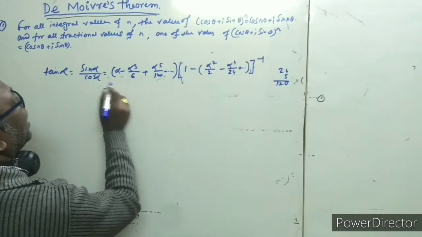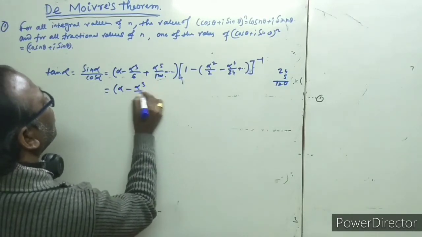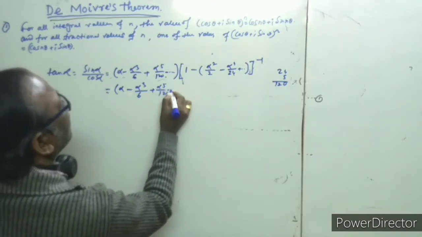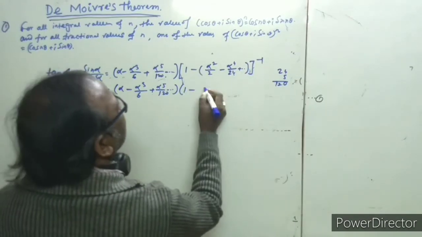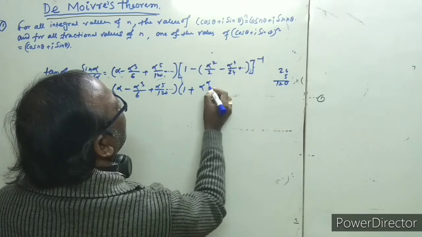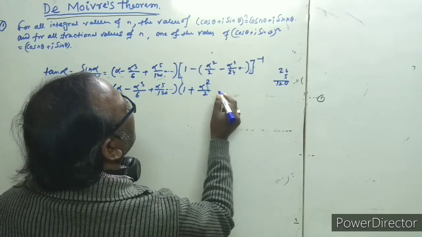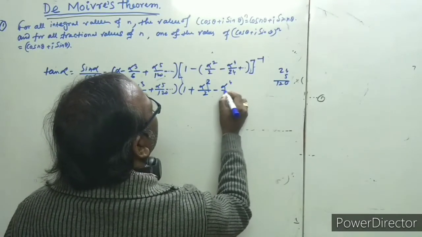And if we multiply, expand this like alpha minus alpha cube by 6, alpha to the power 5 by 120, and 1 minus plus here. So, as a GP series, alpha square by 2 here, and now alpha to the power 4 by 24.